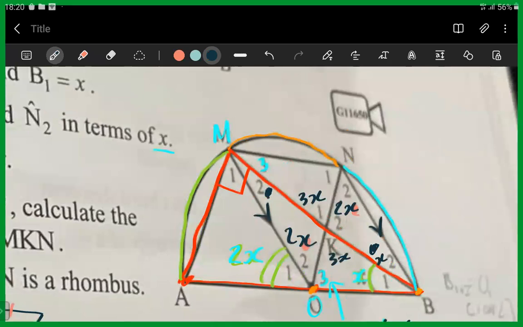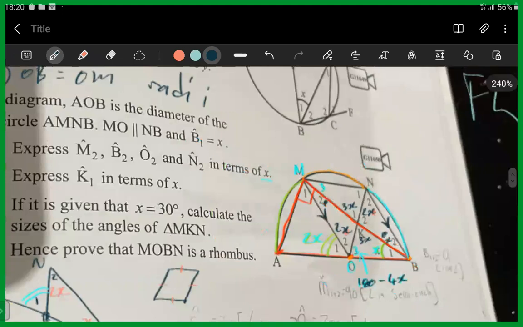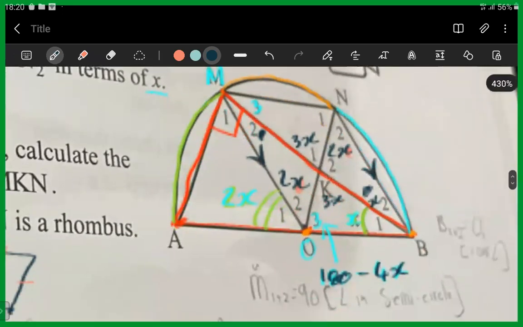Now, as long as you've shown that at least these two sides are equal, the next thing you can do is find one other property of a rhombus specifically, because these two are not necessarily parallel, but you've shown that they are equal.